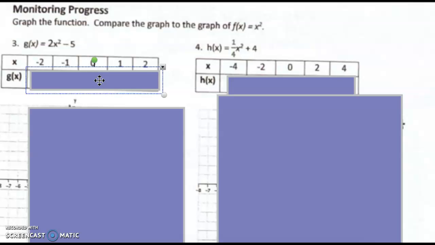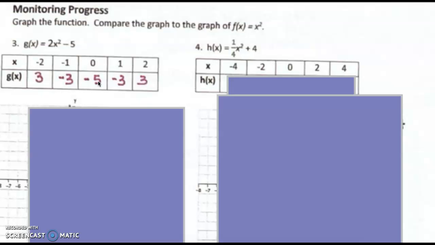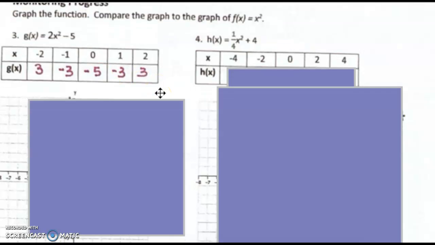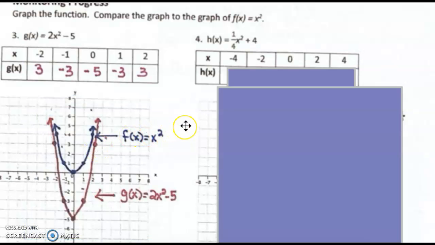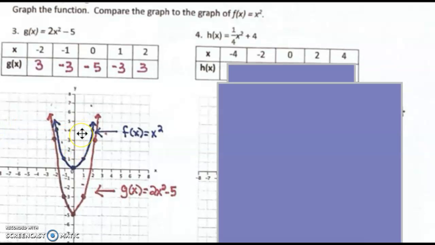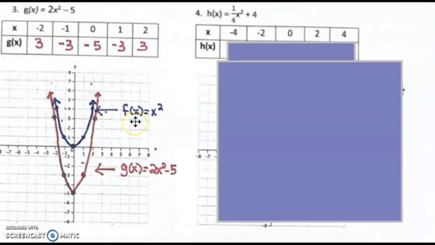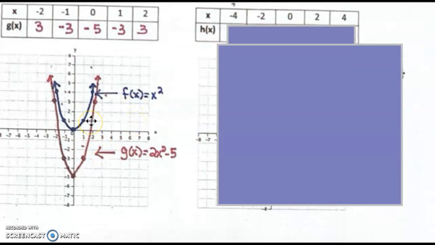Okay, if you paused the video, this is what you should get for your values for number 3. And if you plot your points, we have our parent function still, which is the blue, and the red now looks like this, our g of x. So we can tell two things.